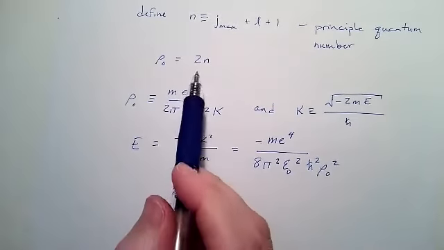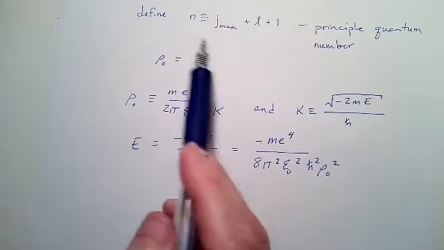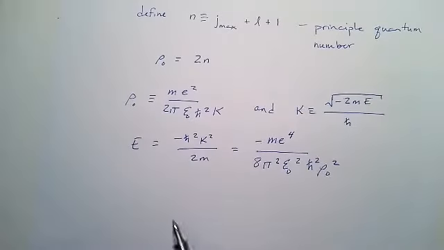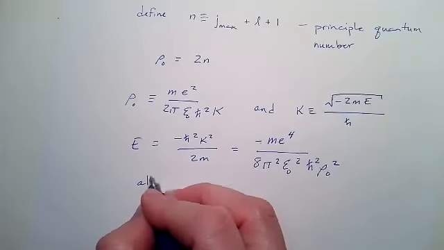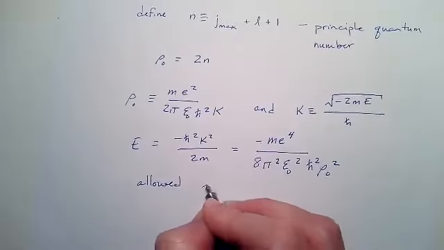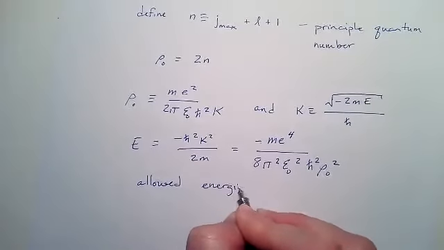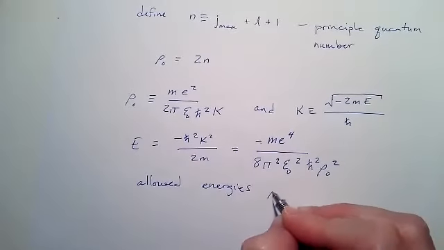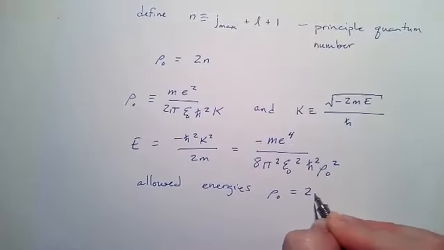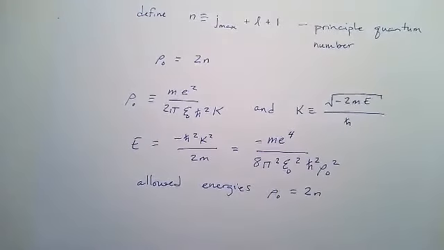Since we said that this has to do with what's allowed, what behaves at distances, our allowed energies are correlated with rho naught being equal to 2 times our quantum number.